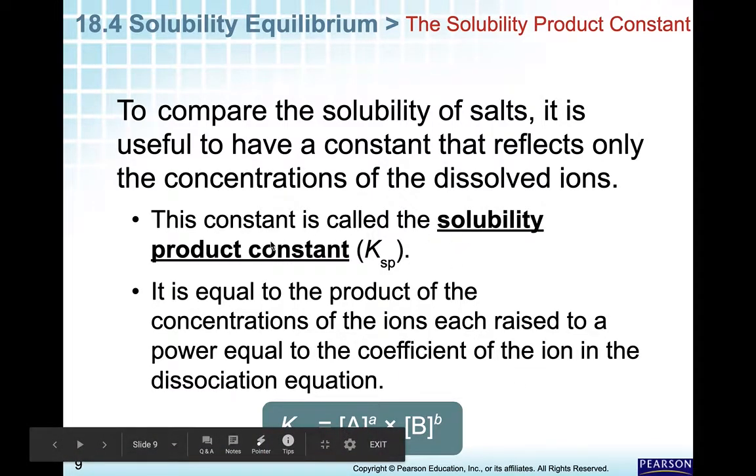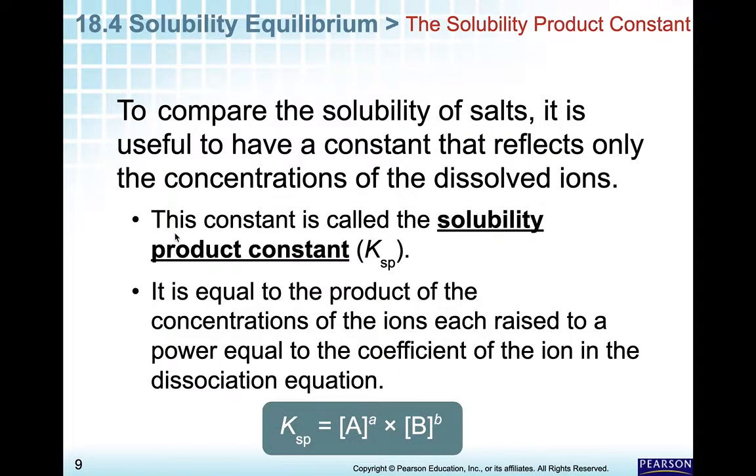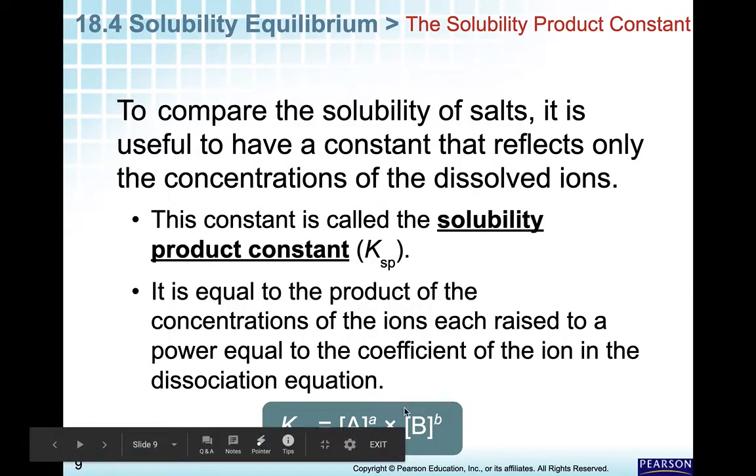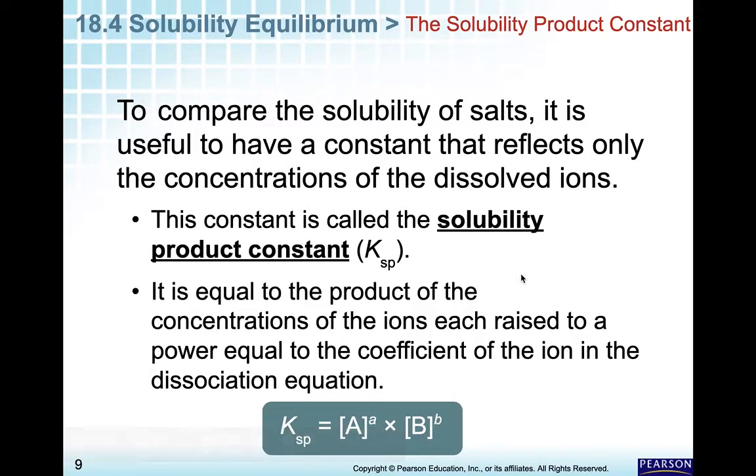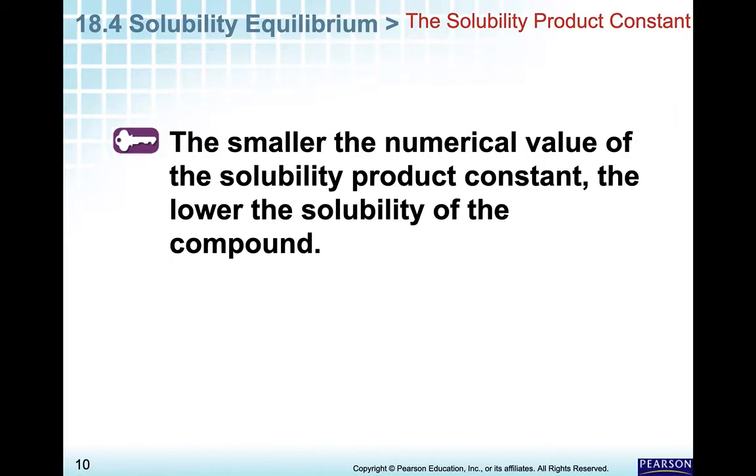If you have trouble remembering this, you can always remind yourself that solubility product constant product is part of this term. We just care about the products in the concentration. We just care about the ions in solution. So the smaller the value of this solubility product constant is, the lower the solubility of the compound.